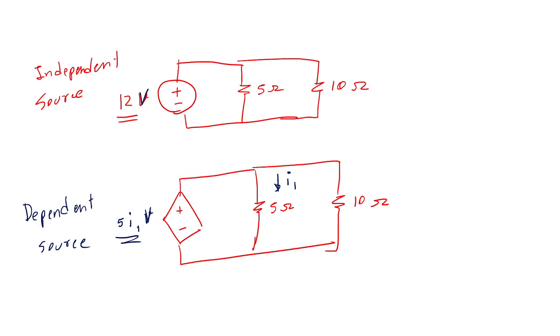So the voltage of the source depends on I1. We need to solve for I1, and then we get this voltage. If you check the circuit, the voltage also changes.